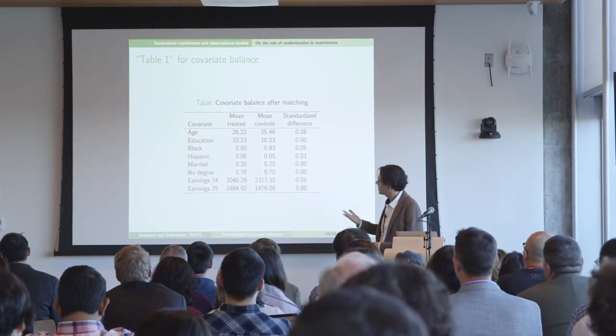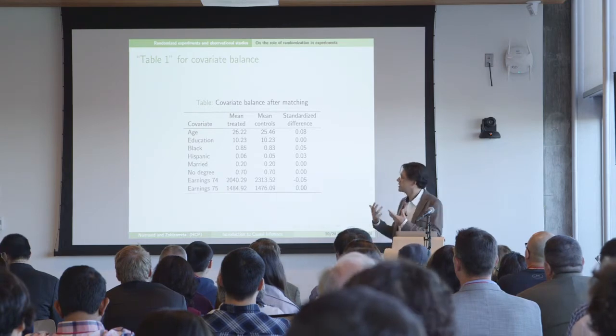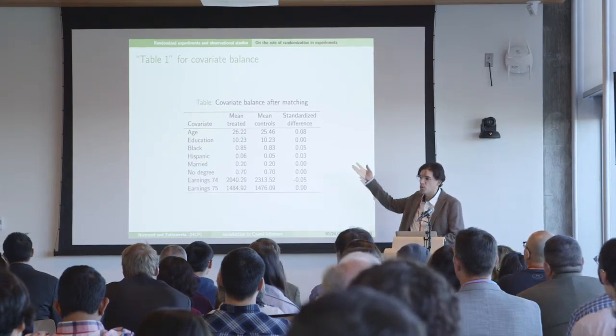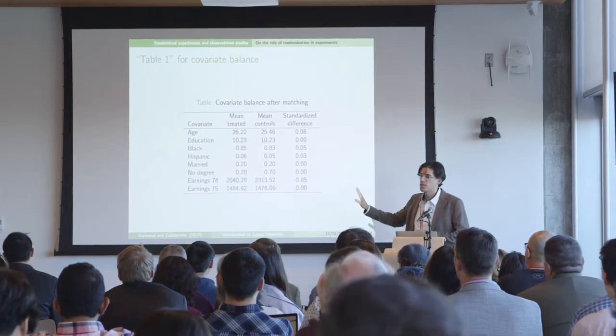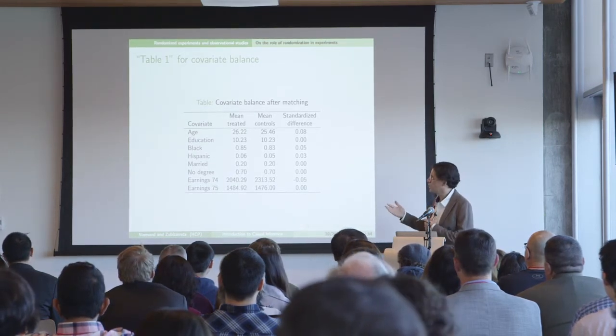Hence, differences in outcomes can be safely explained by difference in treatment as opposed to confounding variables that we can see. But most importantly, randomization also buys us balance in terms of things that we cannot see.